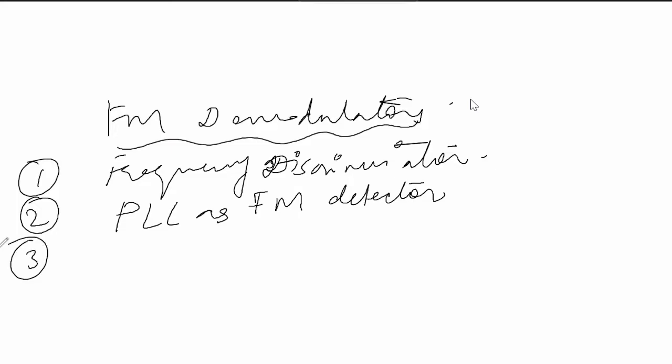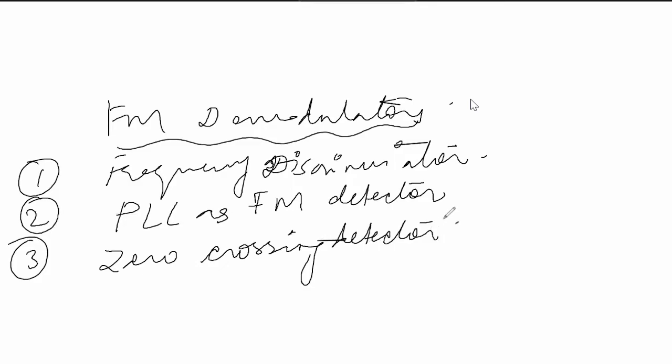And third is the zero crossing detector. So these are the three common ways by which we demodulate. Demodulating means recovering the message signal from the FM signal.